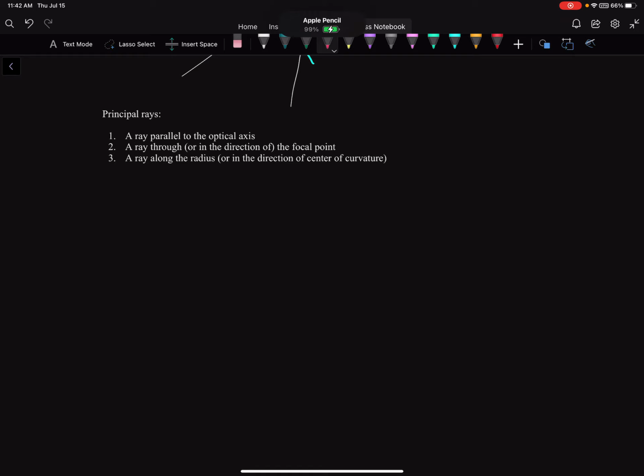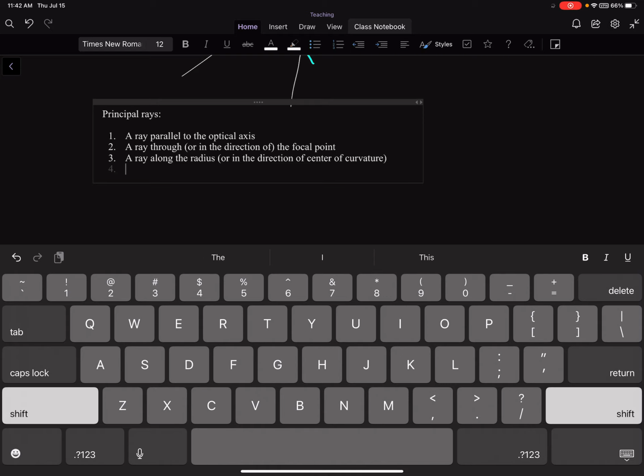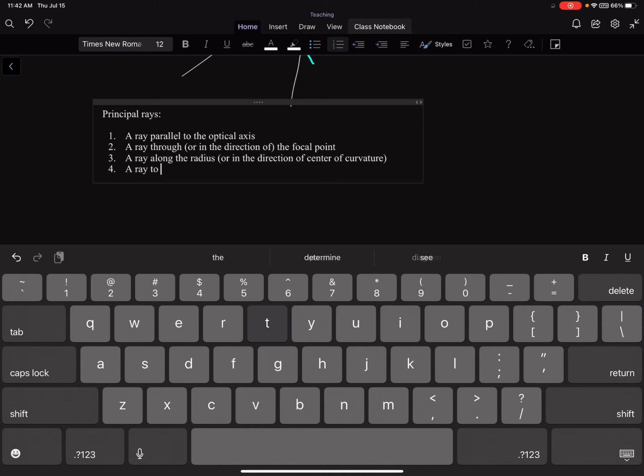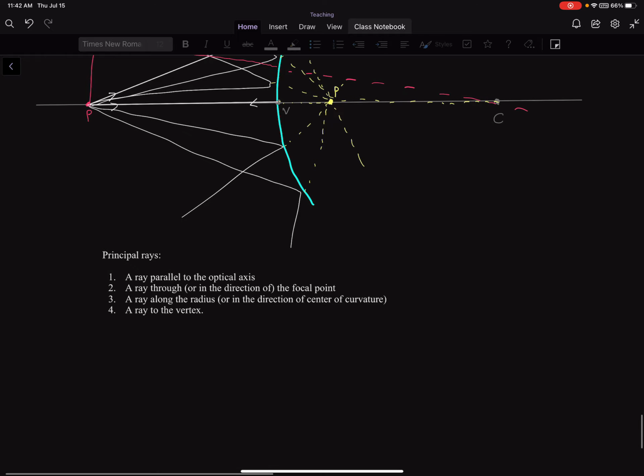And then lastly, a ray to the vertex, right? So for a point object on the optical axis, a lot of these are exactly the same rays, but for an extended object, these all help.